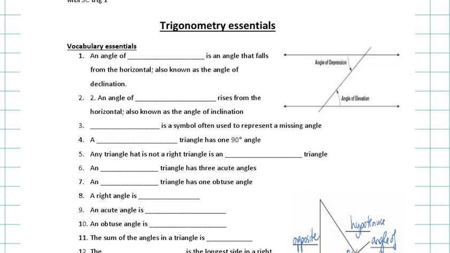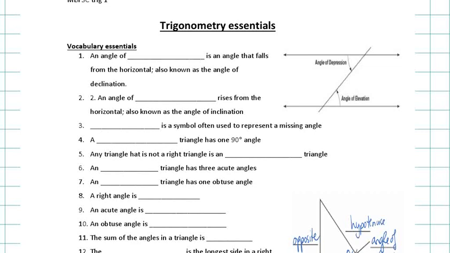in word problems. Okay? So I'm standing here, and I am looking at the light, right? So basically, I'm looking this way, right? My view is going up. It's not horizontal, it's at an angle, correct? So I'm looking at the light.